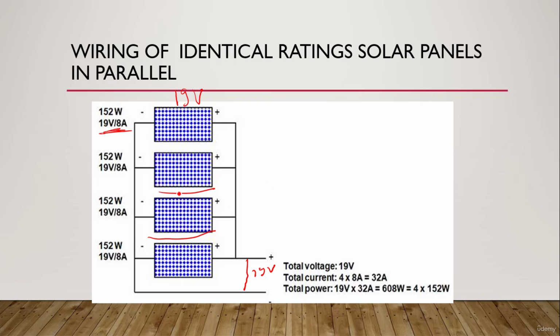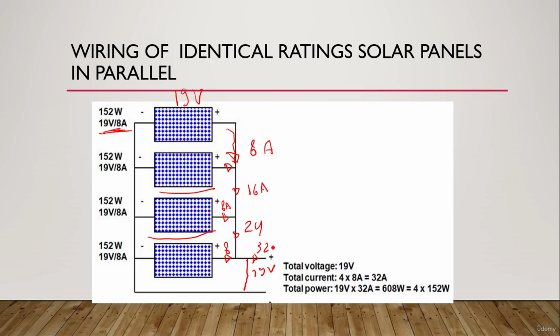What is going to happen is an increase of current. This current is 8 ampere, and it is going to be summed with this 8 ampere to give us 16 ampere. Then 16 plus 8 is going to be 24. 24 plus 8, we're gonna get 32 ampere.